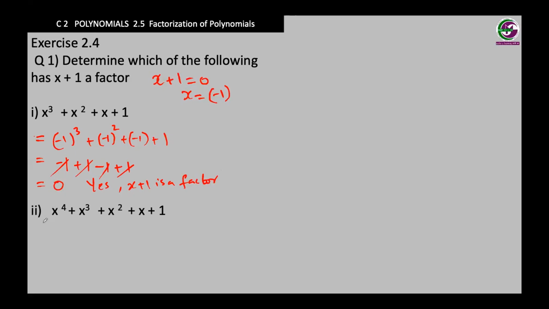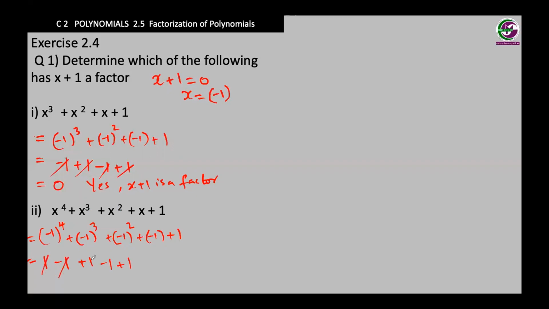Now the next example, again we can substitute negative 1. So negative 1 power 4 plus negative 1 power 3 plus negative 1 power 2 plus negative 1 plus 1, which is equal to: power 4 will be positive, power 3 is negative, positive, negative, and 1.